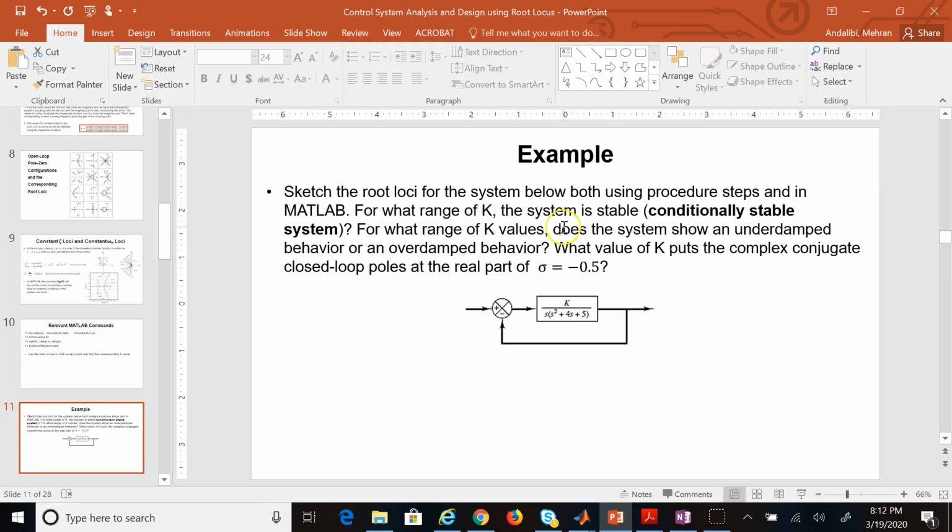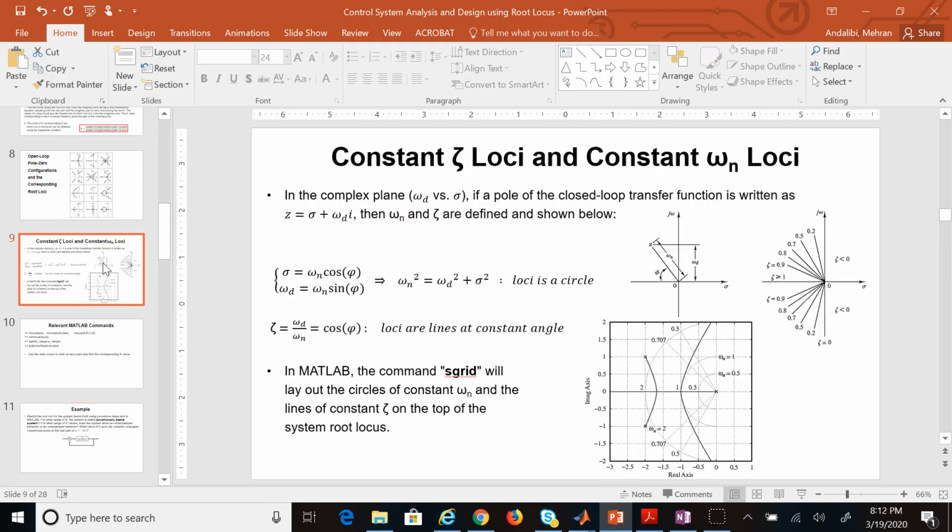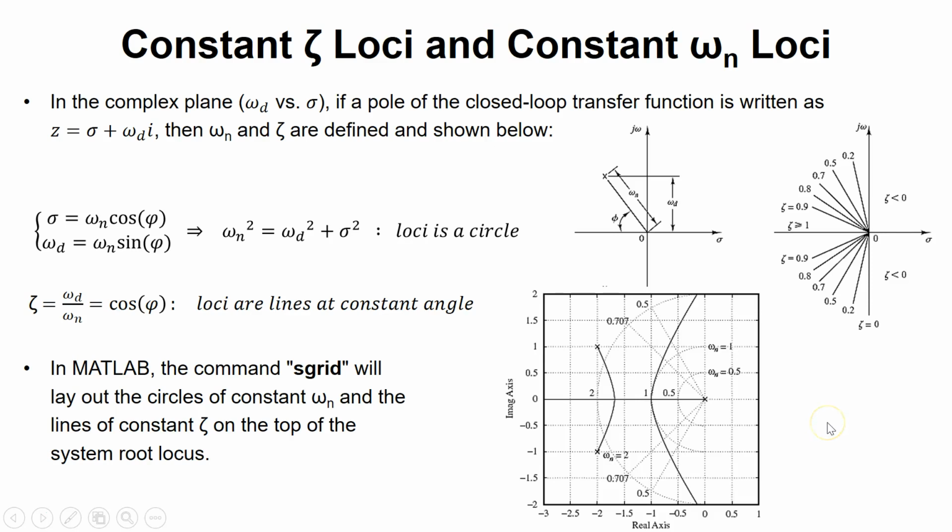So in order to do that, we need to know something here called the location of constant damping ratios and constant natural frequencies. So if we go back to the discussions we had in the past, in general, if we show a pole of the transfer function by sigma plus omega d times i, if you remember, look at this picture, right?